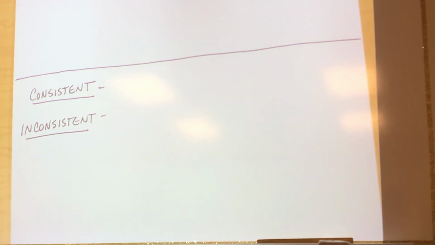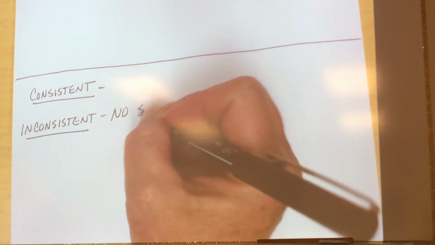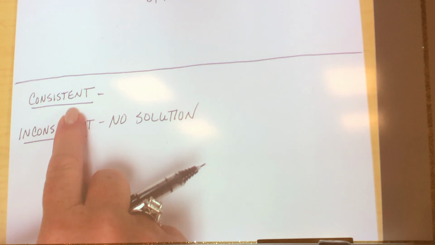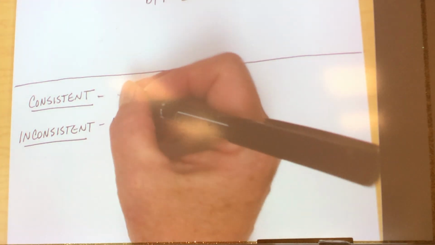Which one of these words means has no solution? Inconsistent. No solution. So that means consistent must mean what? Has a solution.